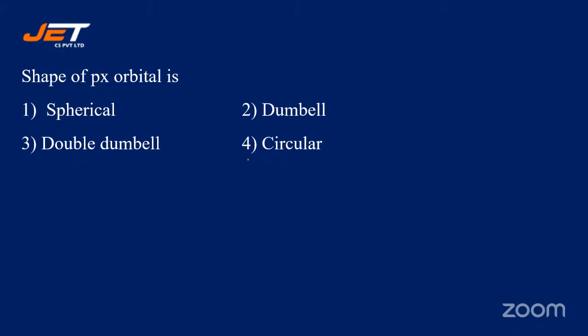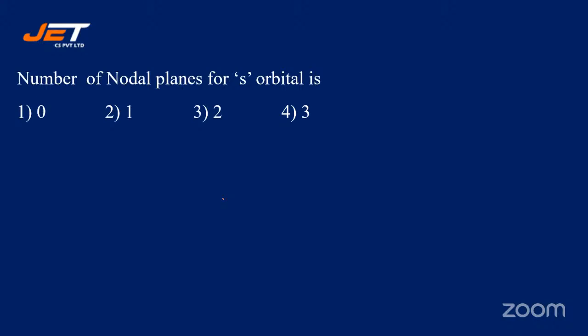Students, the correct answer is dumbbell. Of s orbital is spherical. Of p orbital, it is dumbbell. So the correct answer will be dumbbell. SPDF. D is double dumbbell. Okay. Next question.